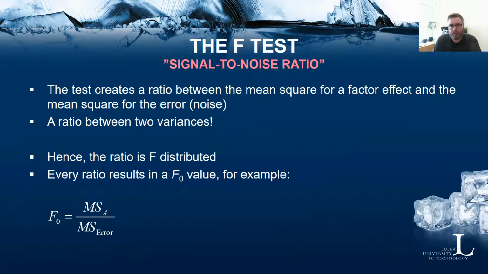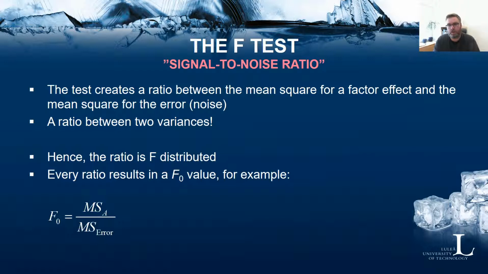Every ratio results in an F0 value. For example, the one that you just saw, F0 for the material type, let's say, is equal to mean square for A divided by mean square for error. Okay. So the F0 value is not worth too much to us at this point.